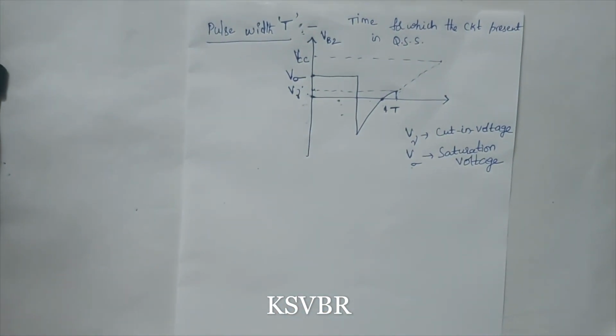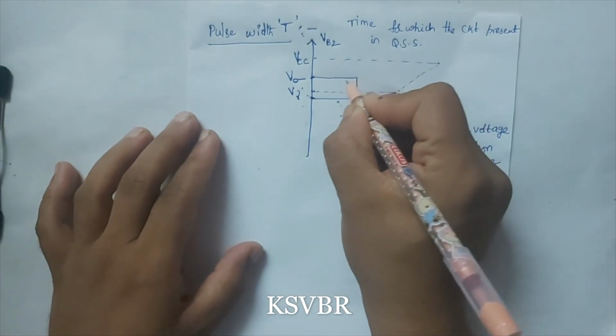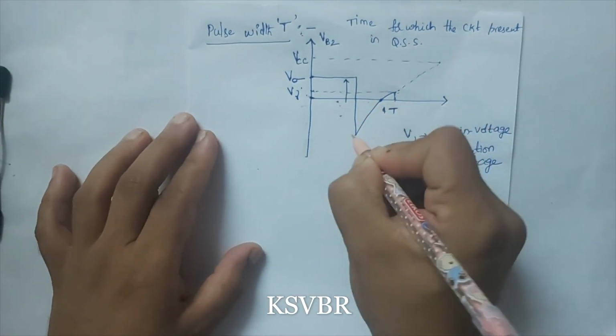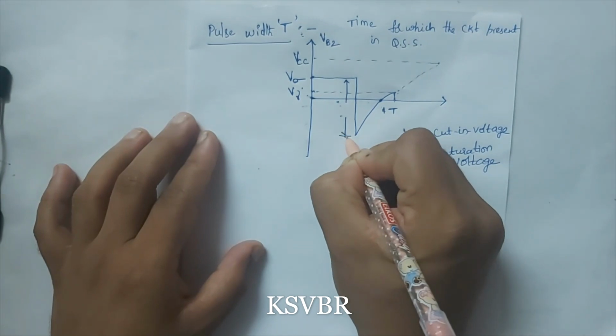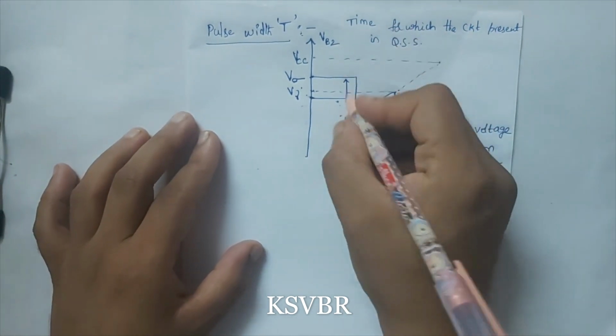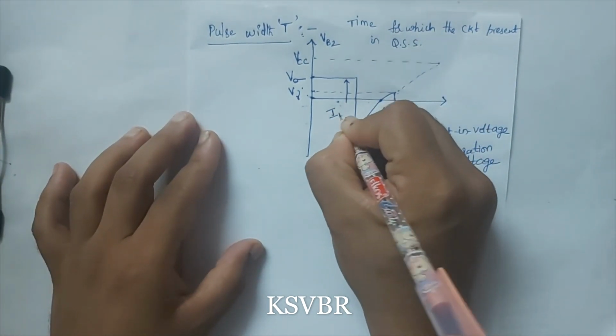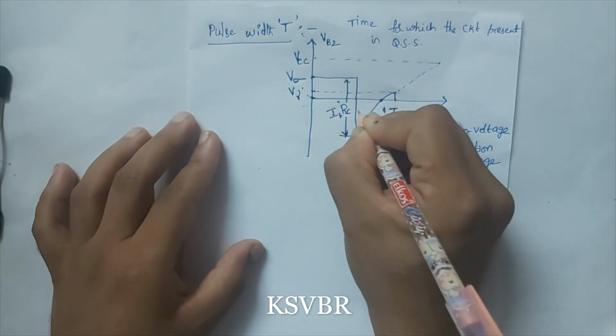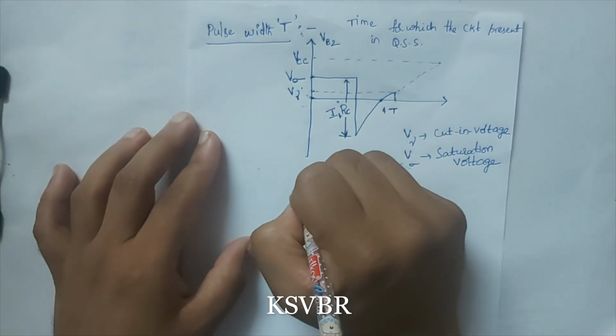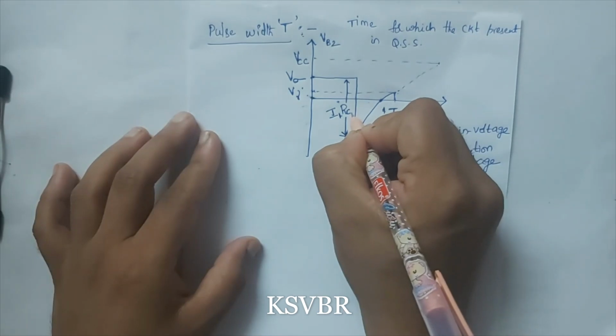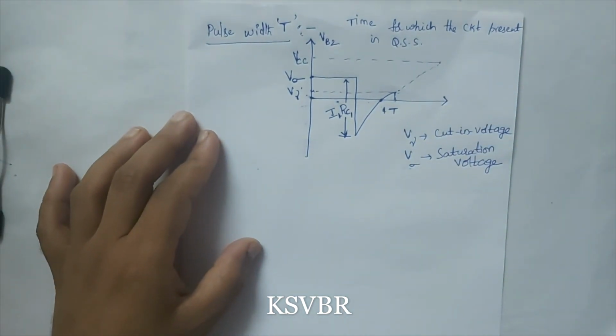And this portion will be I1 into RC, or else you can take it as RC1. I1 RC1.